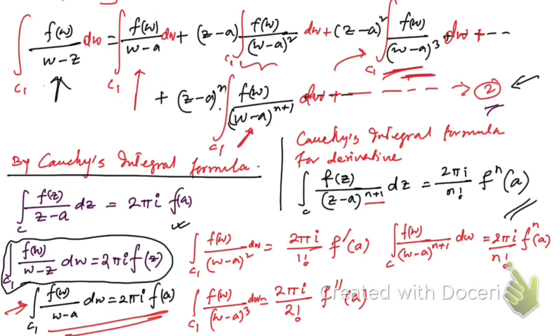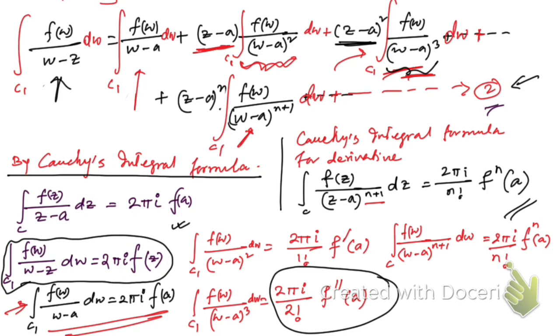And here this part, I'm not talking about this. So here we're going to get z minus a into, instead of this, we're going to put this value, 2 pi i by factorial 1 f dash of a, right? And similarly in the next term we're going to get (z minus a) whole square into, instead of this, we're going to put this value, right?